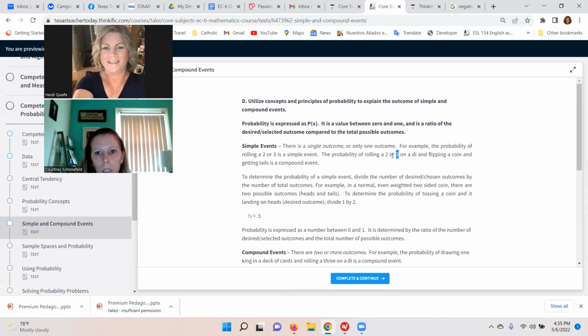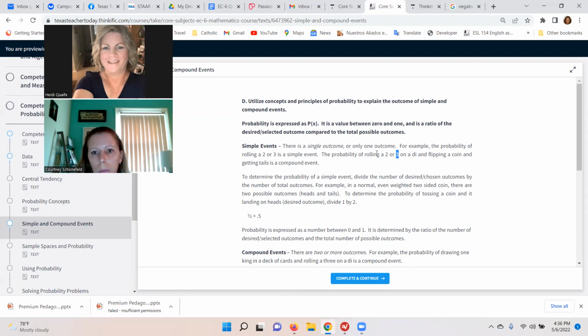So 1, 2, and there's 6 sides on a die, right? So there's 6 possible outcomes. So the probability of rolling a 2 or a 3 is 2 divided by 6, okay? And then if you want to represent it as a decimal, you would do the long division, right? So simple events are pretty easy to calculate.